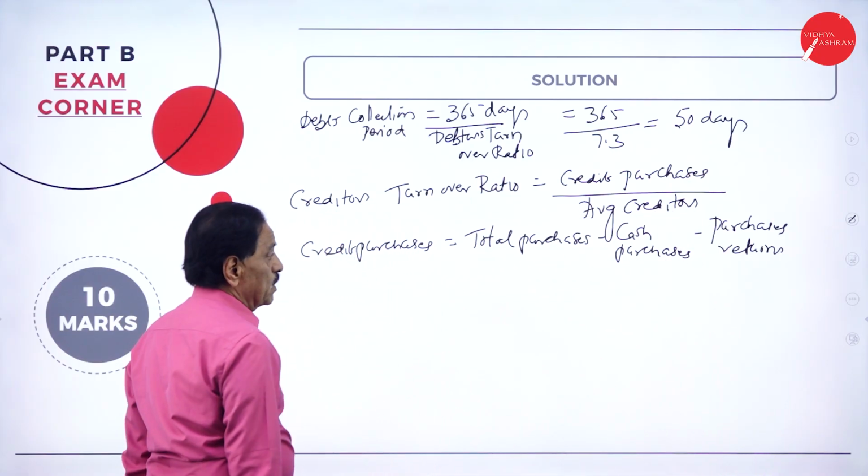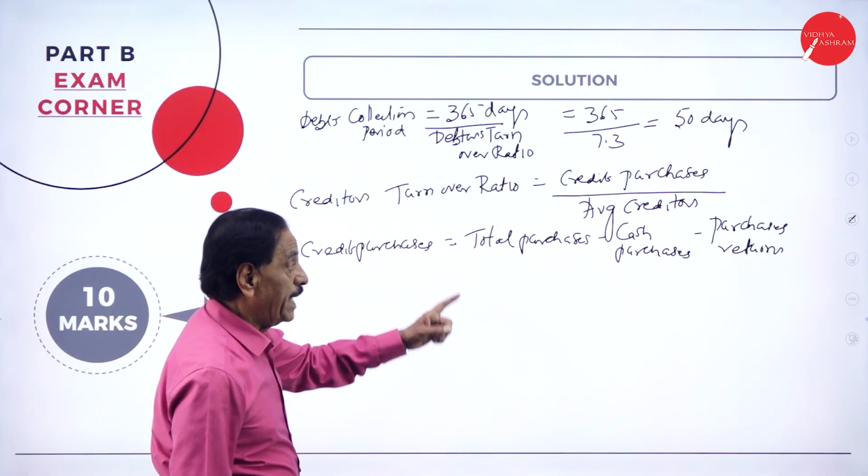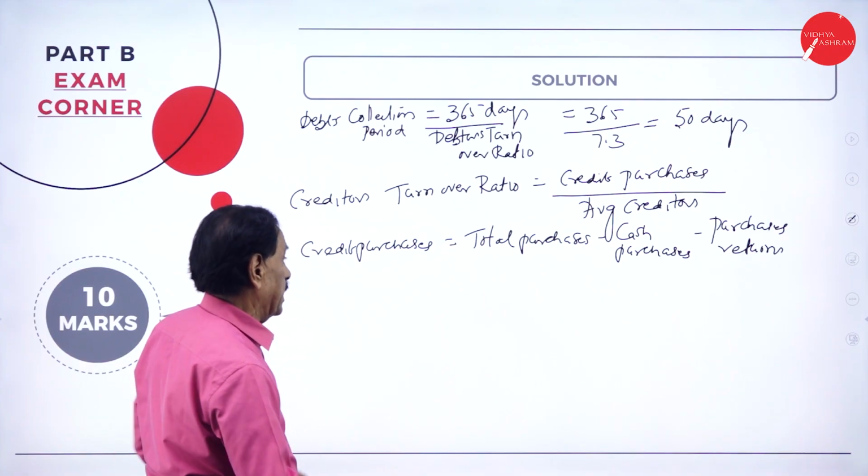Credit purchases, total purchases minus cash purchases minus purchase return.